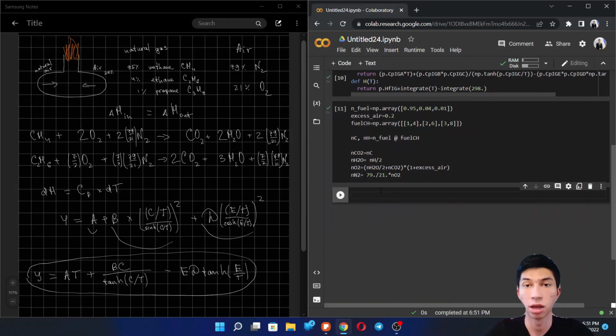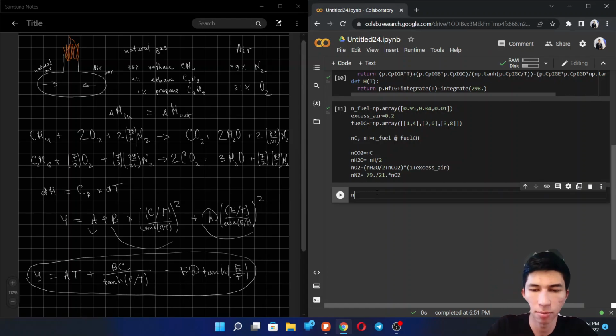Here we go. Now we have all the moles of our compounds that are reacting, of our fuel, of the oxygen and nitrogen, of carbon dioxide and water. So now we should do the array multiplication to find everything that is going in and everything that's going out.